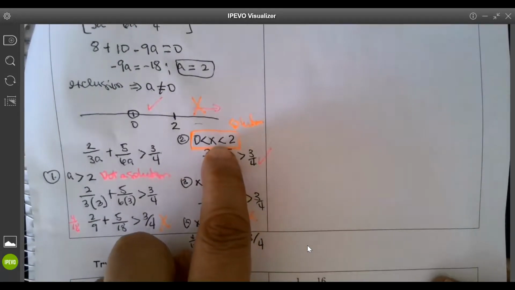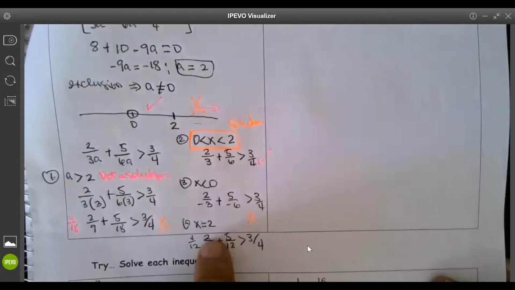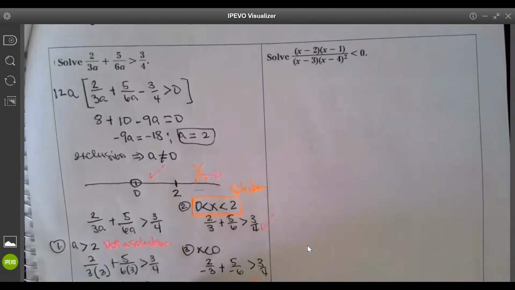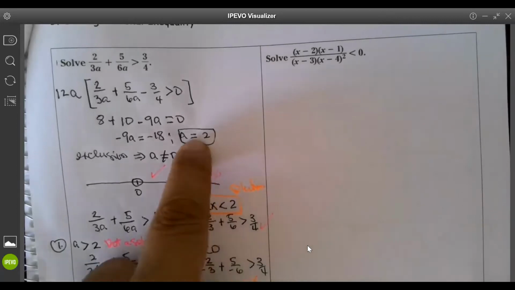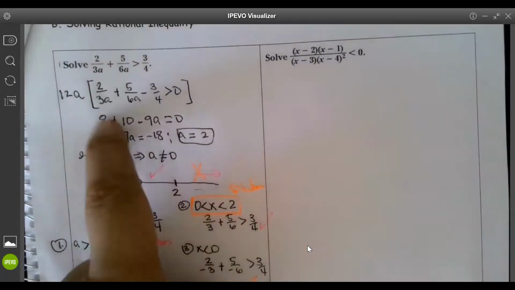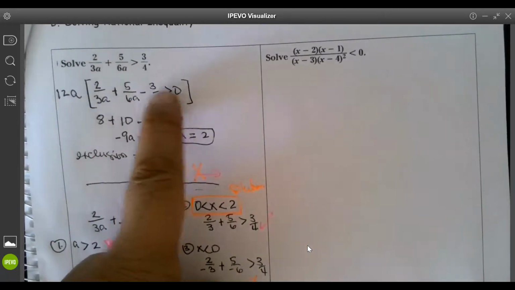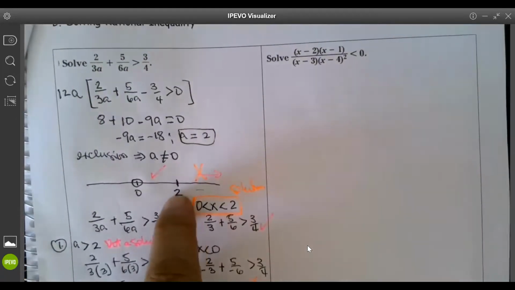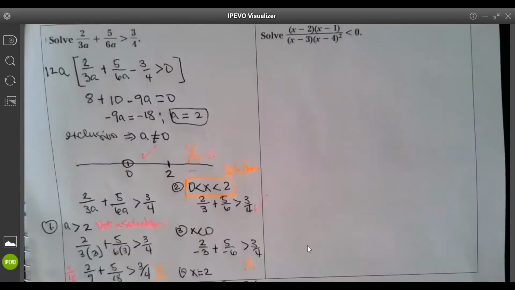It cannot be 2, because if it is equal to 2, then this side here is equal to that. So it has to be less than 2. Couldn't we have figured that out just by looking at the sign?